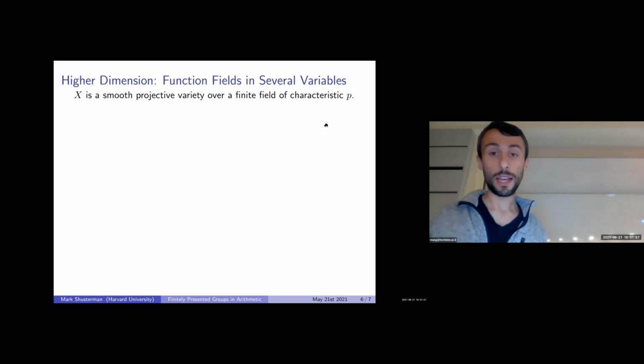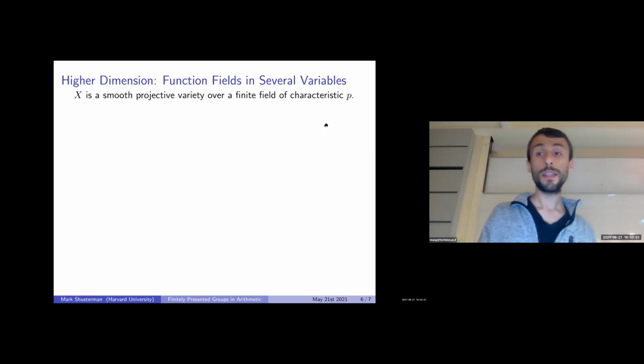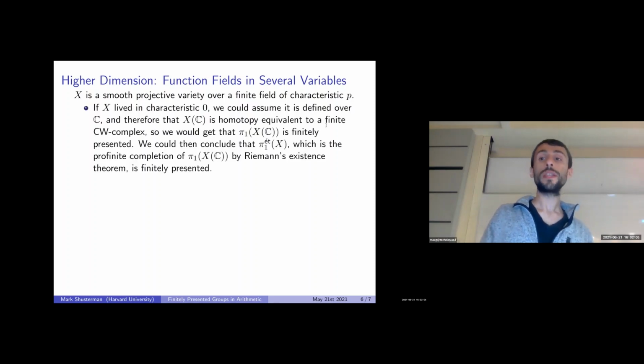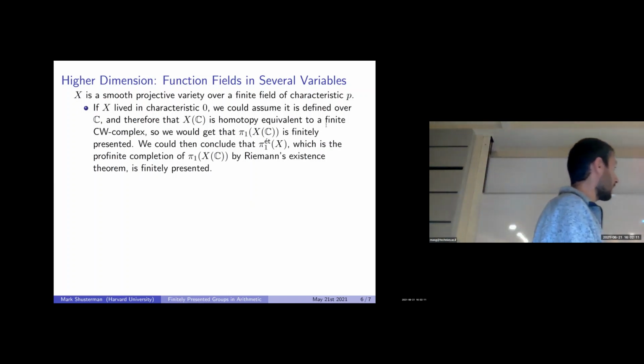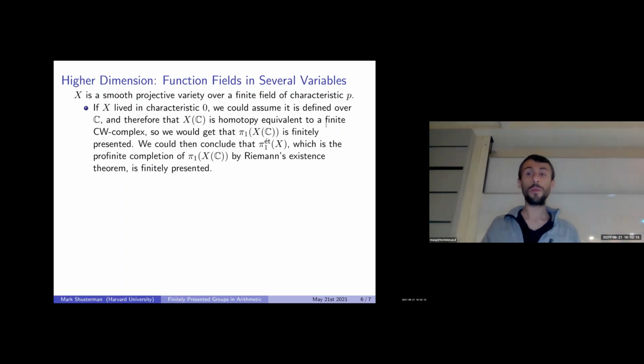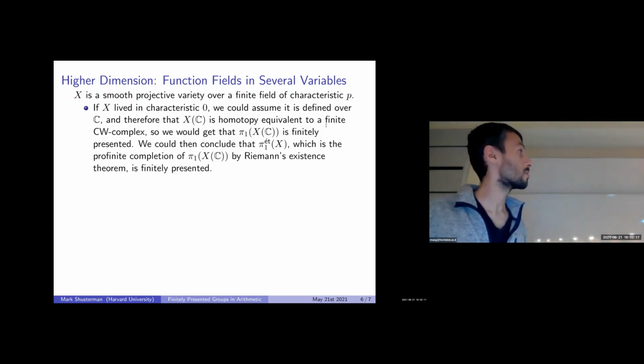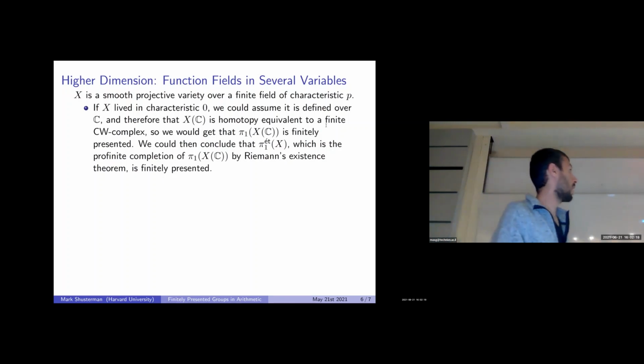And it turns out that you can obtain an extension of that result. So first we need the fact that the fundamental groups of these varieties are finitely generated. If they lived in characteristic 0, that would be much easier because in characteristic 0, I can always switch to any algebraically closed field.